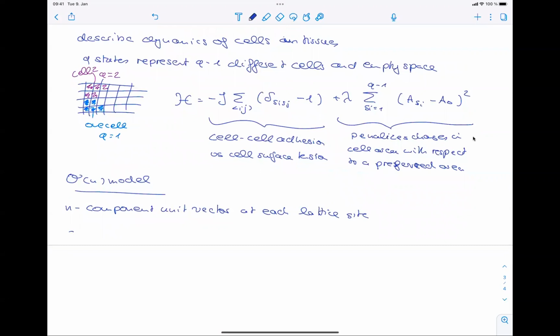So that would say that Si is a vector, so it is Si1, Si2, whatever the dimension is, with the vector being of unit length, so normalized length. So if I sum over all the individual components squared, I get 1.